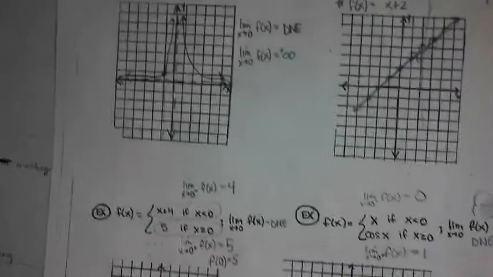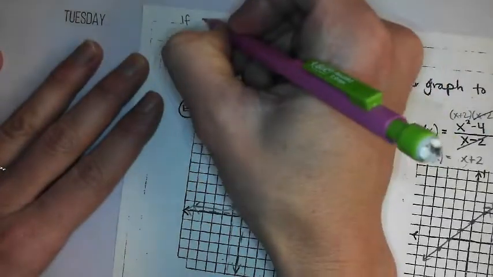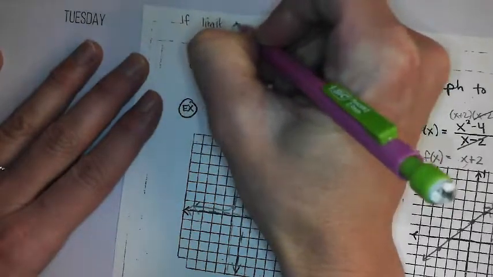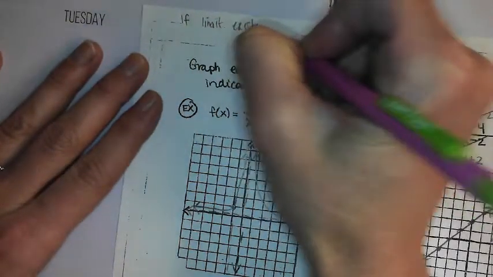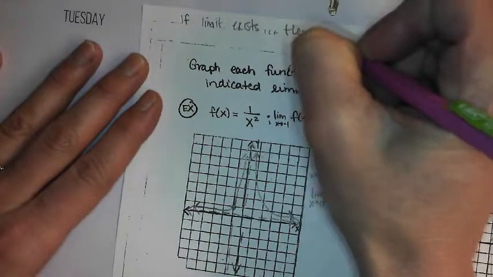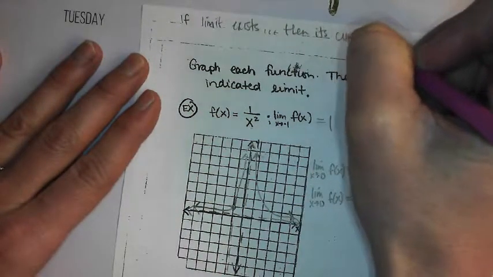The limit can exist without continuity. Great if then by conditional thought process. So you just said if the limit exists, then it's continuous. True or false?